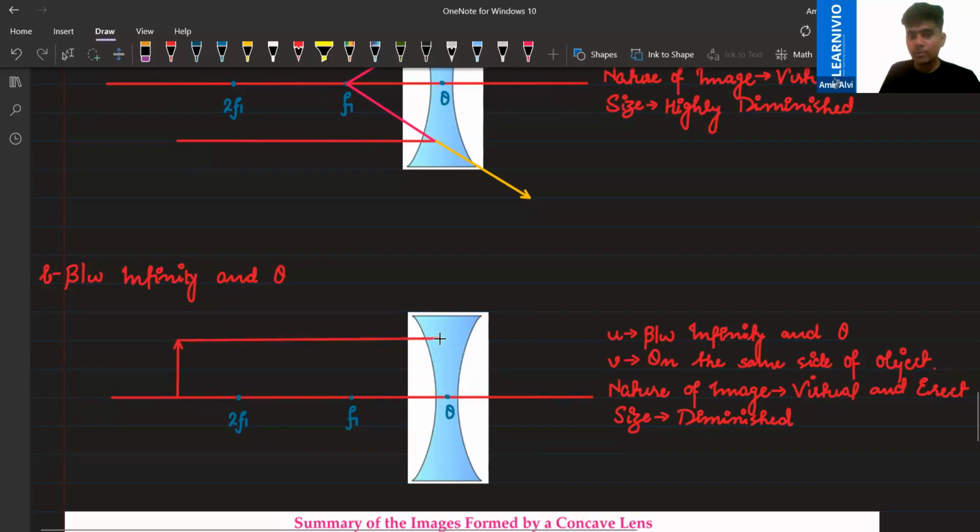First ray would be passing parallel to the principal axis. I'll just draw it a little bit. And after that, just draw the ray diagram in the backward direction.